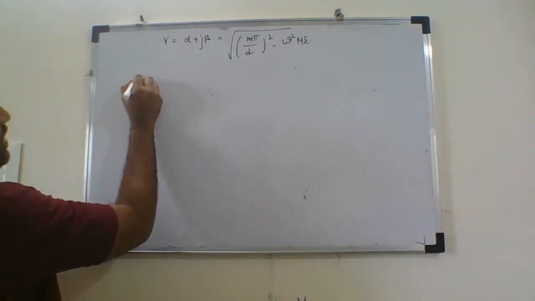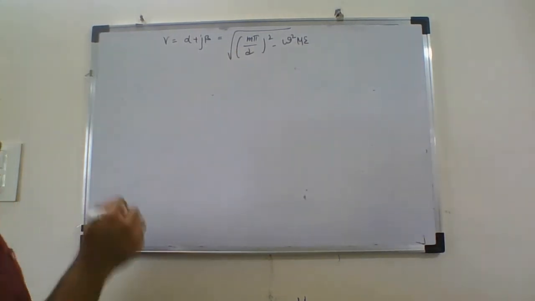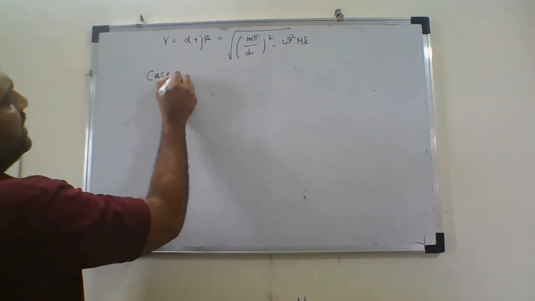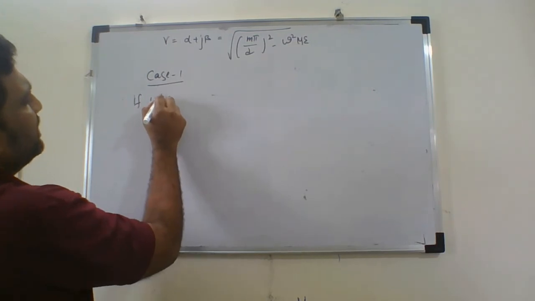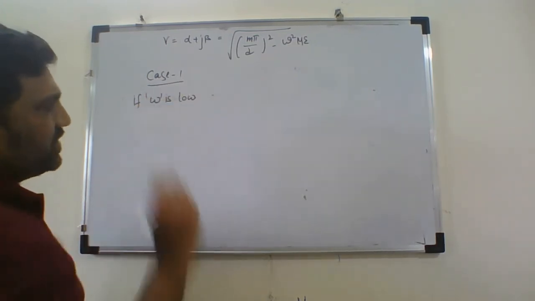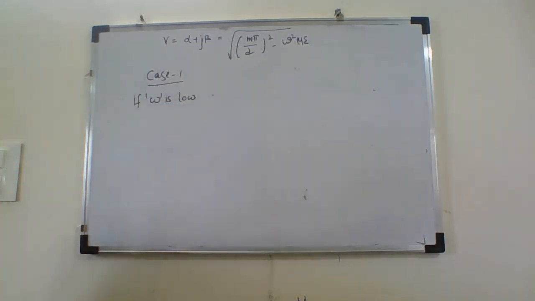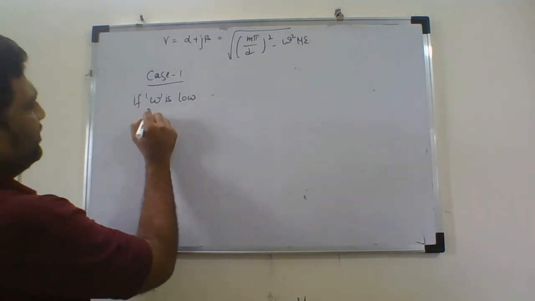Right now, listen carefully. We get two possible cases here. Case one is if the omega value is very low. What is omega? Omega is nothing but 2 pi f.